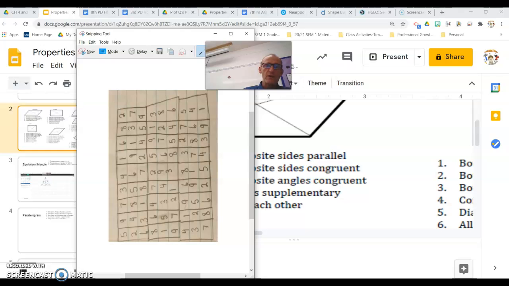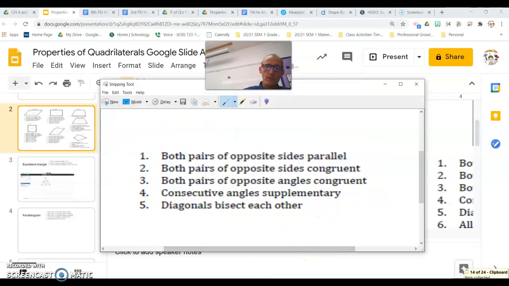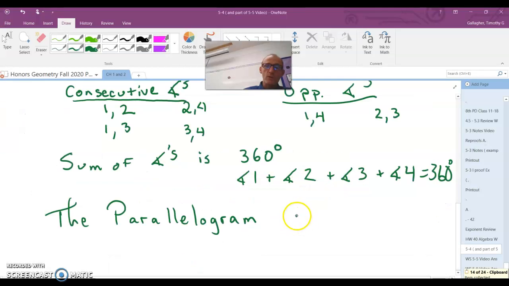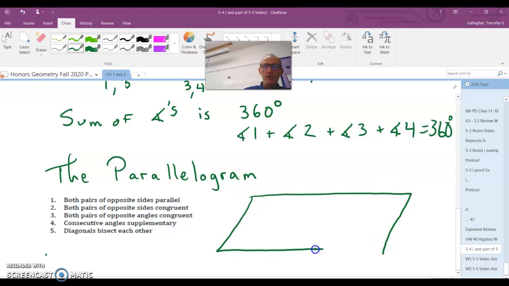So I think I'll just take a snippet of that and show you what I'm talking about. These are the 5 properties of a parallelogram. So we'll get those 5 properties down, and we'll make it look like a parallelogram, and we'll draw the diagonals.